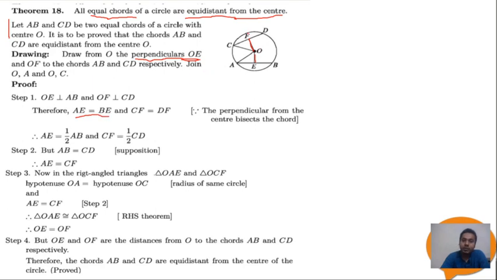And if OF is perpendicular on CD, it also bisects that chord. That means CF is equal to DF. So AE is half of AB because E is the midpoint, and CF is half of CD.